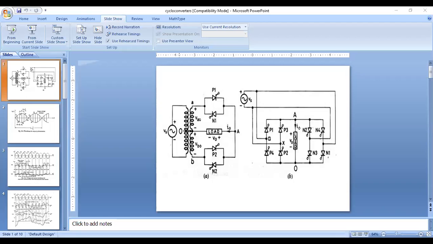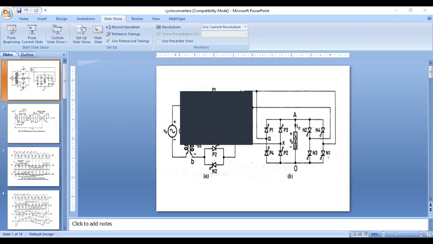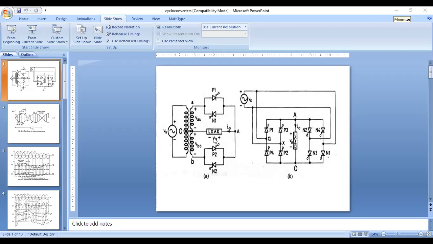What is the value of resistance in practical? Internal resistance. You will understand from the value of resistance in practical.